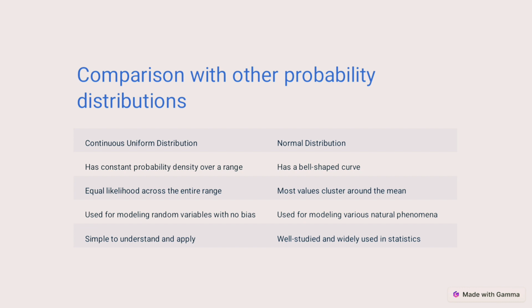The uniform is used for modeling random variables with no bias, while the normal is used for modeling natural phenomena. The last one is simple to understand and apply, well studied and widely used in statistics. For your information, the normal distribution is one of the distributions in continuous probability. So the uniform distribution and normal distribution are compared to each other on this page.